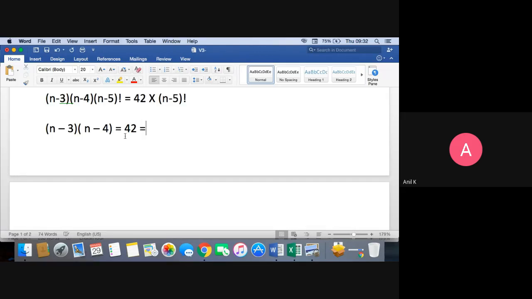Another way is to write 42 as 7 into 6, because n minus 3 and n minus 4 are two consecutive numbers, so I have written 42 as the product of two consecutive numbers. Here you can take n minus 3 equals 7, then you will get n as 10. The second option is n minus 4 equals 6. This also gives you n as 10. You can choose any one.